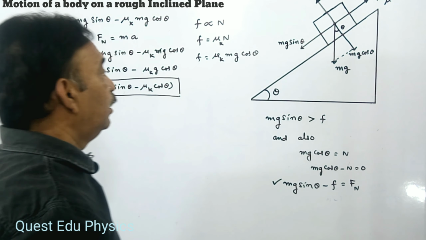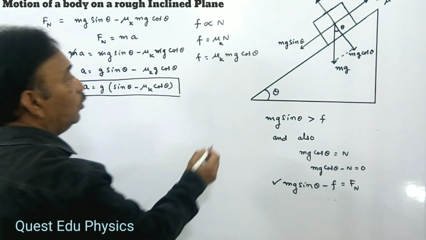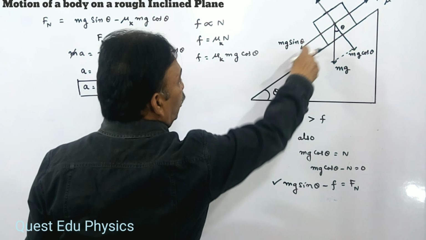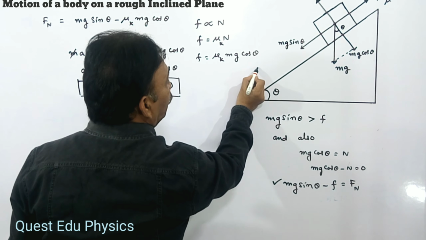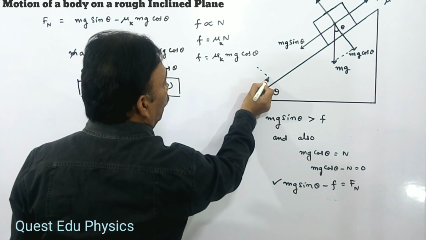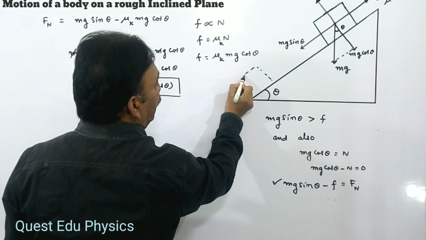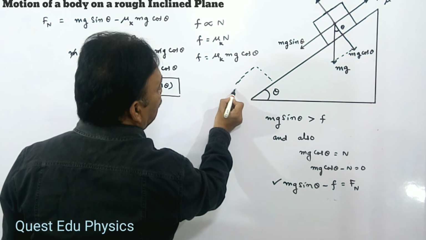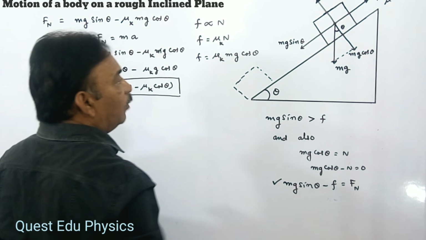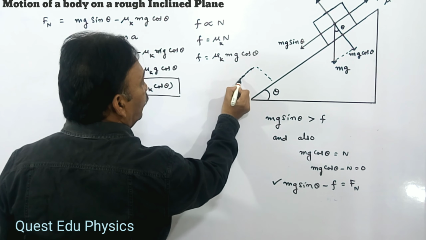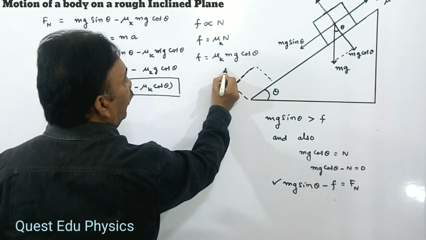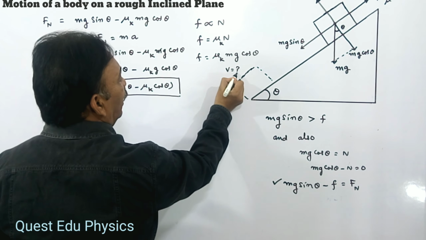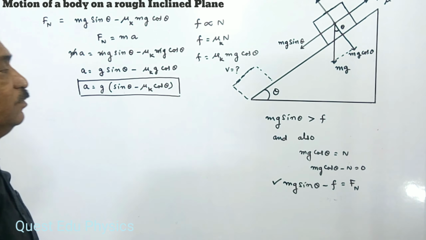Okay. In the next part, imagine this body reaches the ground. Here it reached the bottom of the inclined plane. Then here we have to find what is the velocity on reaching the ground.